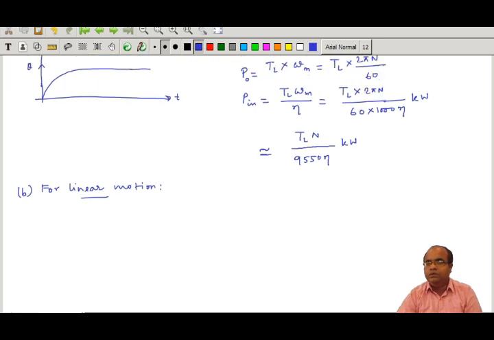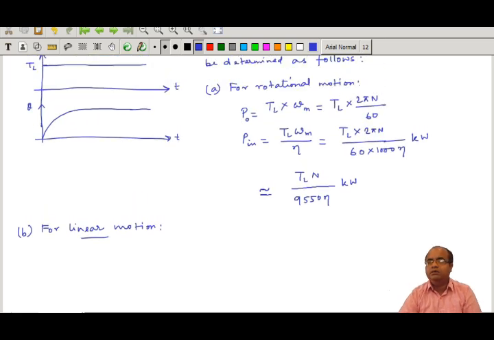Now for this rotational motion, generally the V belt drive or some other kind of load is considered. Okay.